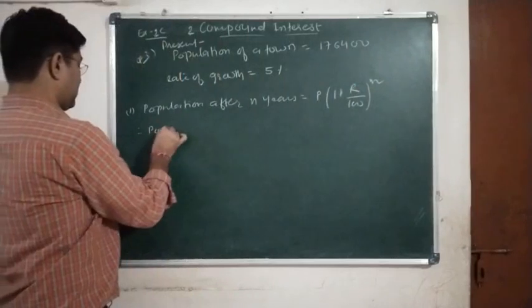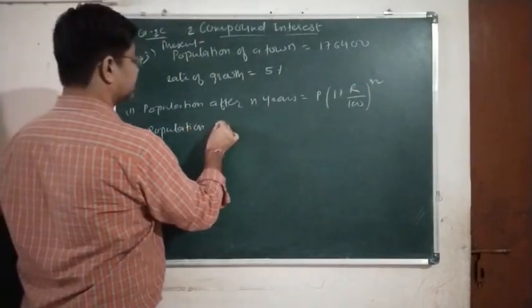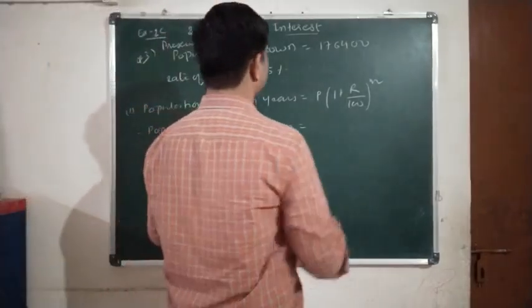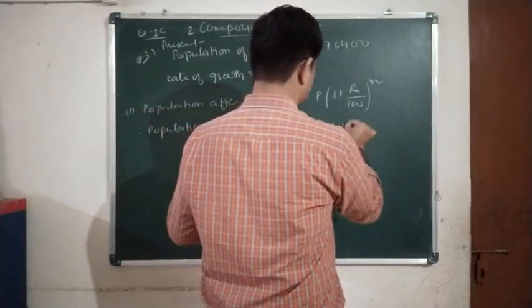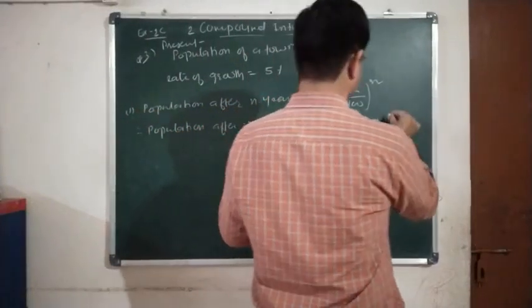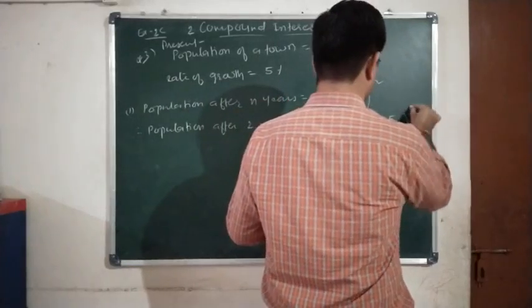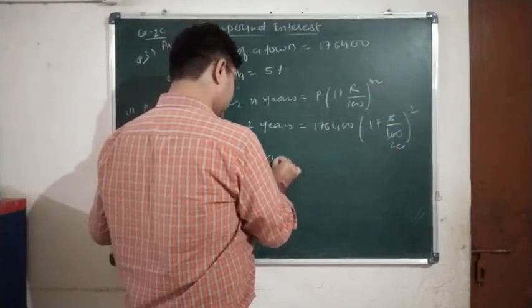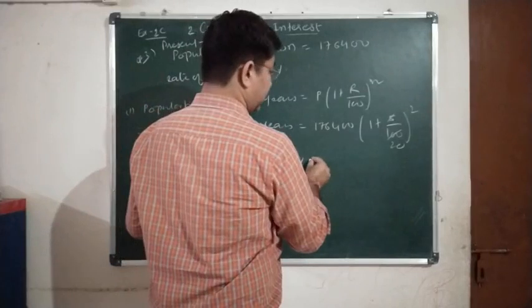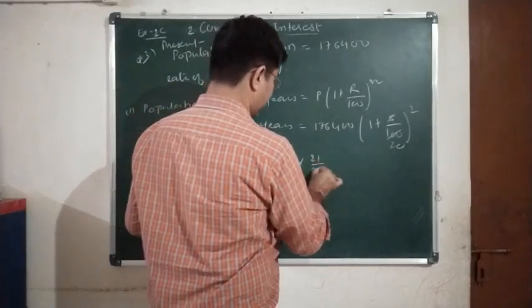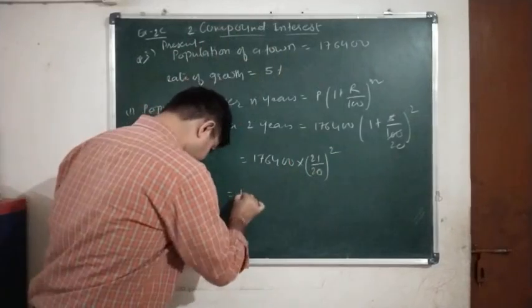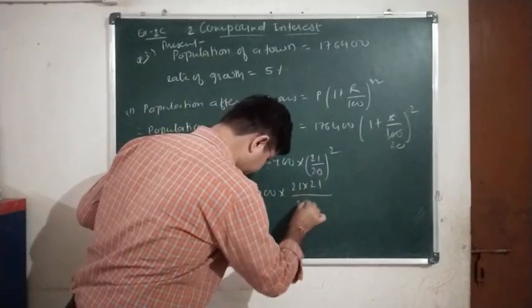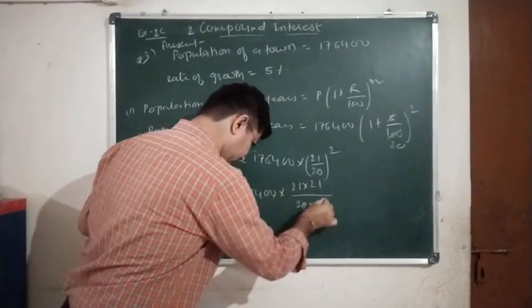Therefore, population after 2 years will be 1,76,400 into bracket 1 plus rate 5 upon 100 raised to 2. 5 20s are 100, so 1,76,400 into 21 upon 20 raised to 2, which is 1,76,400 into 21 into 21 upon 20 into 20.